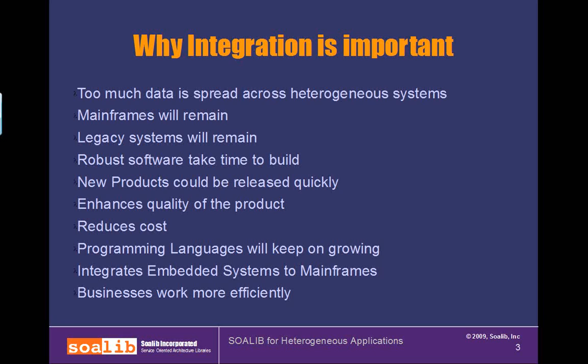There are new programming languages coming out almost every year. It integrates everything from embedded systems to mainframe because that's the purpose of the whole exercise of integrating everything. Businesses work efficiently because there is already software available to do something.